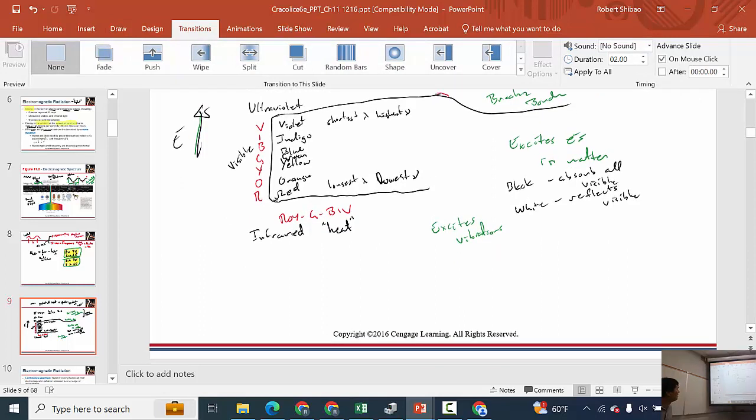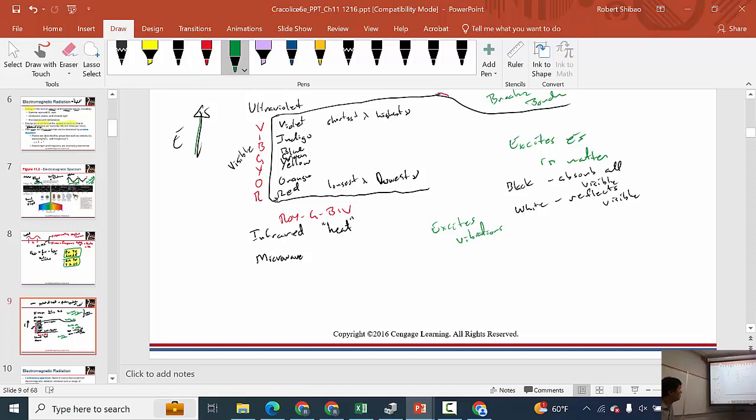Lower in energy than infrared is microwave radiation. It's kind of weird because you would think a microwave would be higher in energy, but microwaves are actually lower in energy than heat lamps in terms of the photon energy. Microwaves don't have enough energy to cause vibrations.